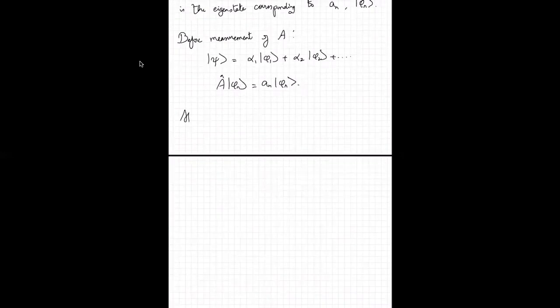But after measurement, let's say you got A5, okay? Then the state of the system collapses to phi 5, okay?